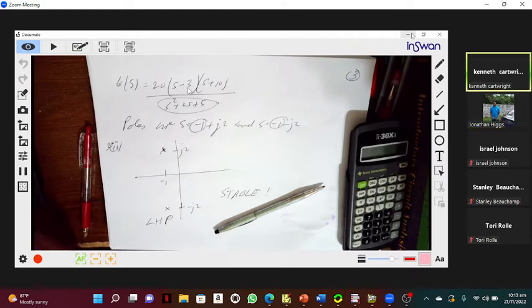Young man, were you not paying attention to anything I said today? Where on this diagram would these poles be if that was a positive one instead of a negative one?